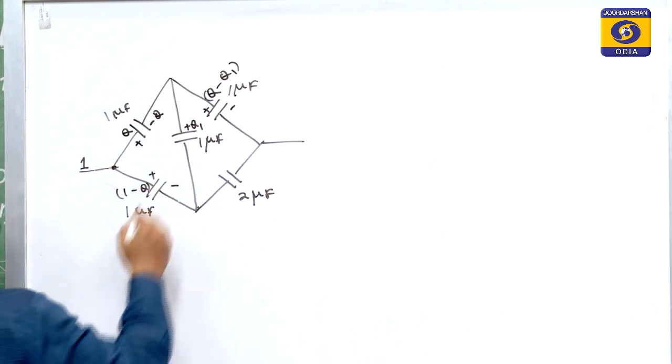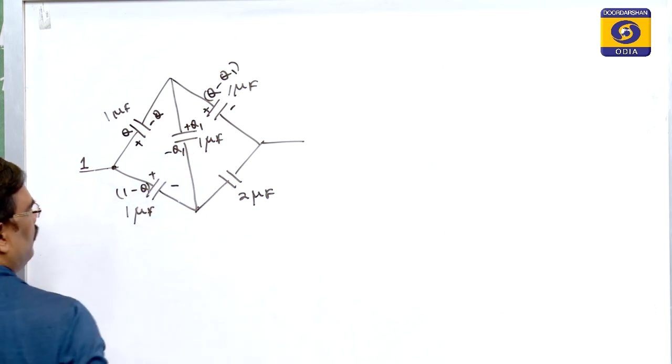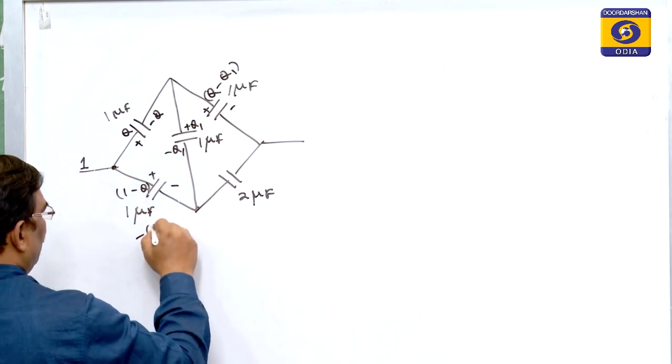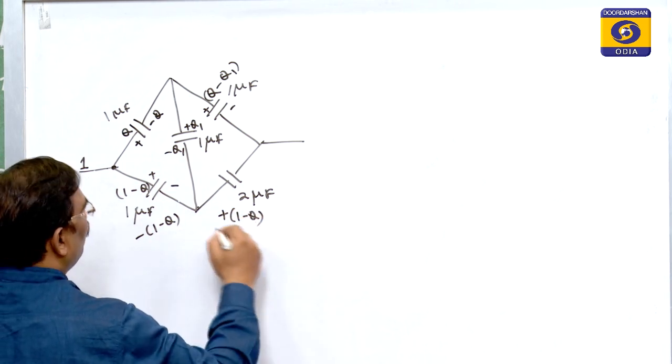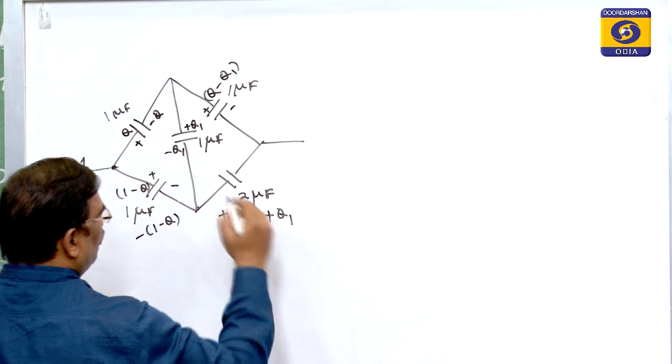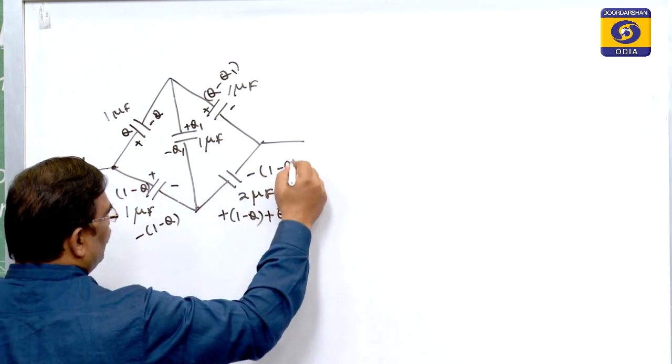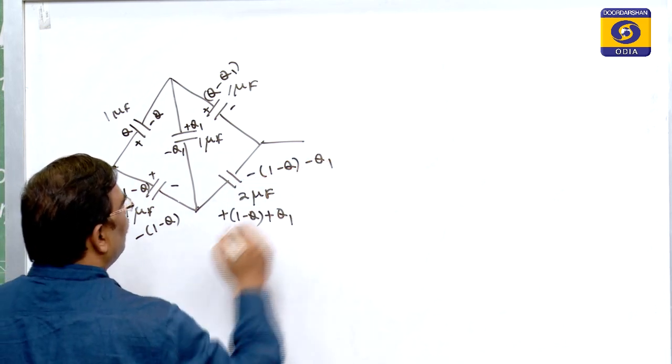So, this is minus Q1, this is minus of 1 minus Q. So, this is plus of 1 minus Q plus Q1. So, this is minus of 1 minus Q minus Q1.